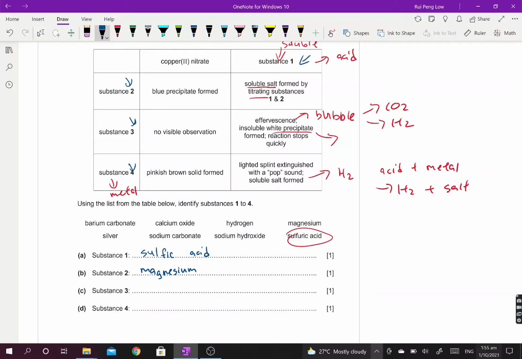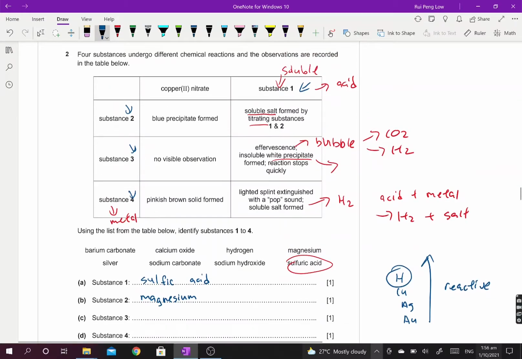If you can recall your reactivity series for metals, you will remember that silver is below hydrogen. Any metals that are below hydrogen, for example, copper, silver and gold, do not react with acid. So that's why my answer would be magnesium.